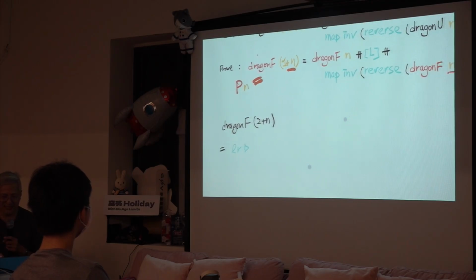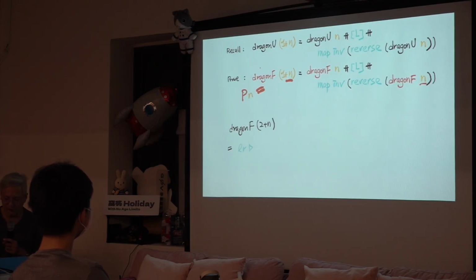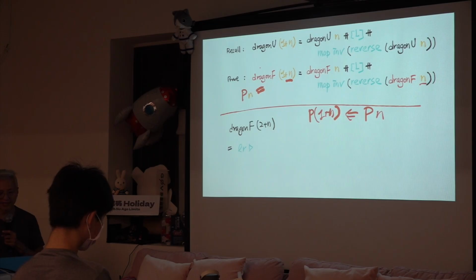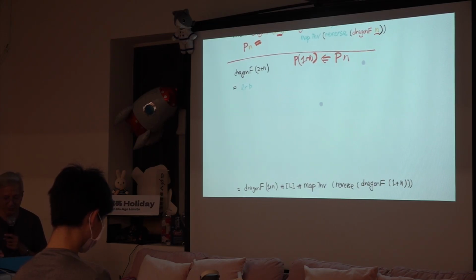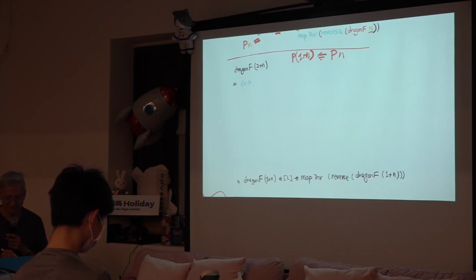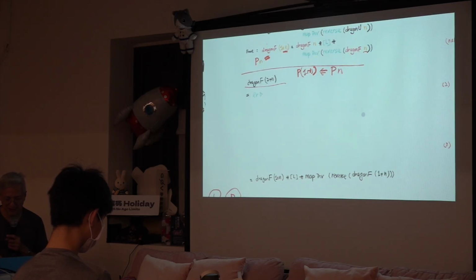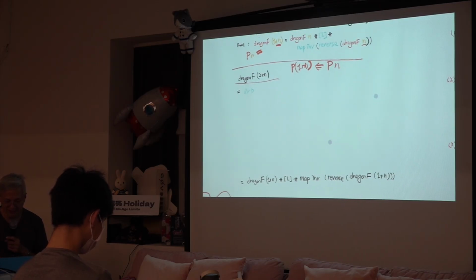Now we are going to prove P of 1 plus n, provided that we pretend P of n to be true. That's actually proving that this one equals this one.